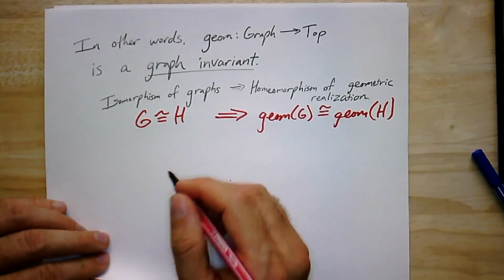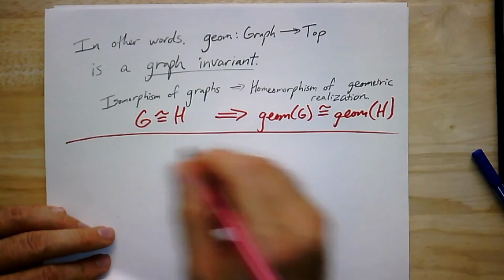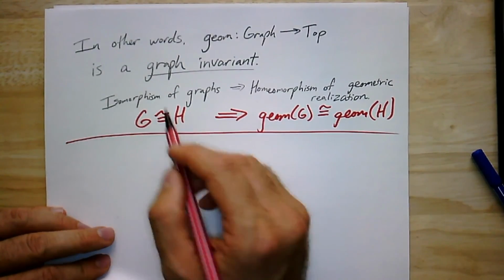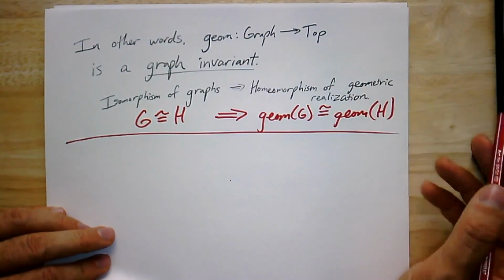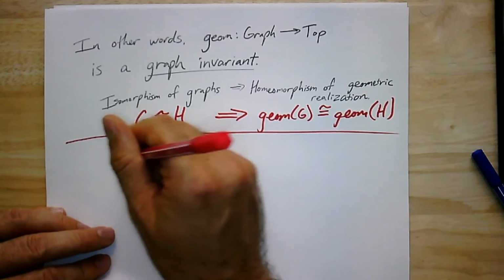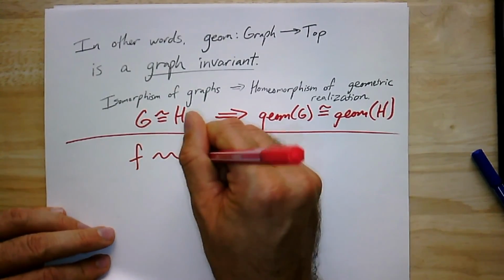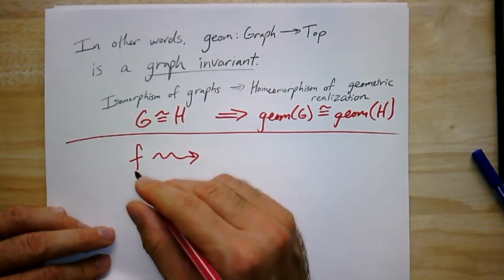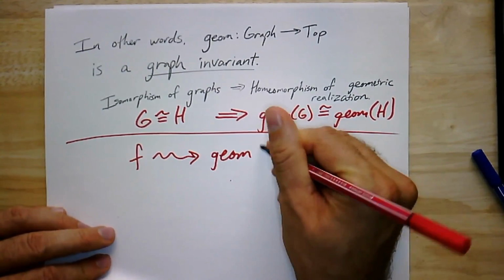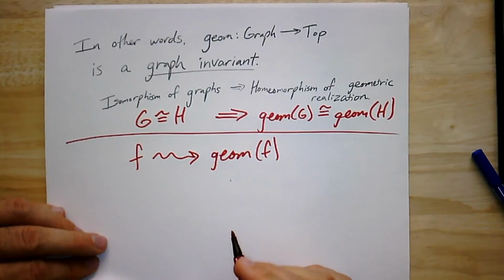We get an even stronger thing, which is that we get a mapping not just between the objects, graphs to topological spaces, but also between the maps. If I have a homomorphism of graphs, I get a continuous function on topological spaces.